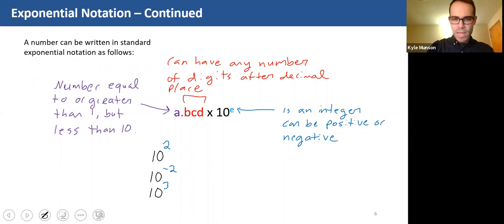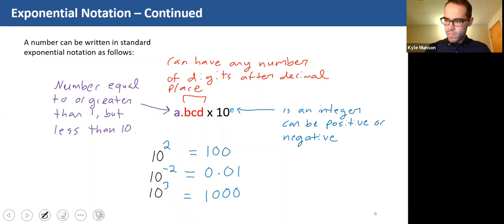And what these represent, okay, is the following. So this would be 100, okay? This would be 1,000. And I left this guy last because he's going to be a decimal. So they're multiples of 10 is what that is, all right?